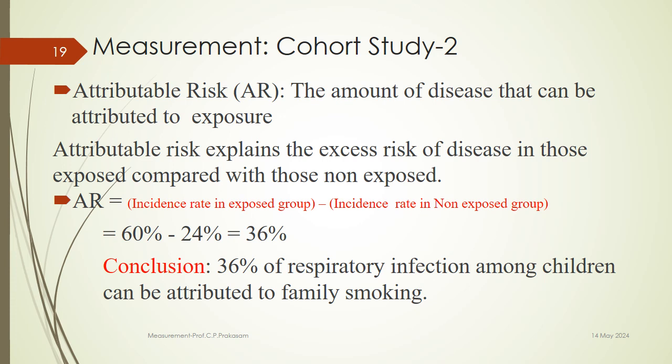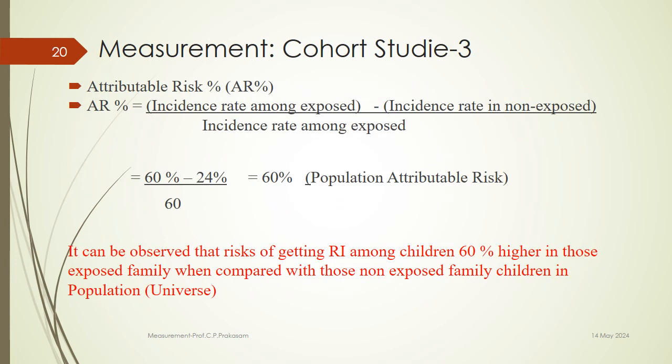Therefore, attributable risk AR equals the incident rate in the exposed group minus the incident rate in the non-exposed group. Earlier we calculated the incident rate of the exposed group as 60% and of the non-exposed group as 24%. That difference gives you 36%. The conclusion is that 36% of respiratory infection among children can be attributed to the family of smokers.